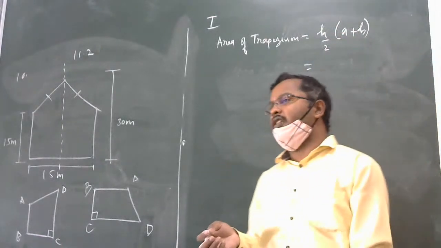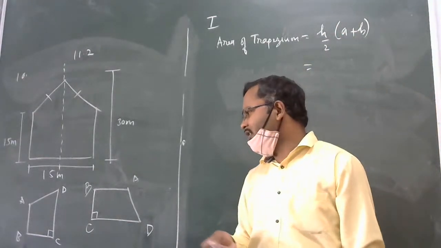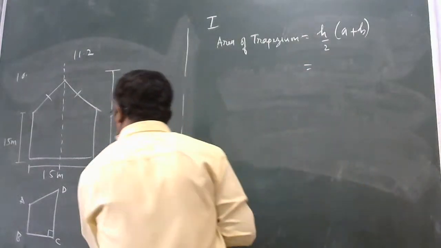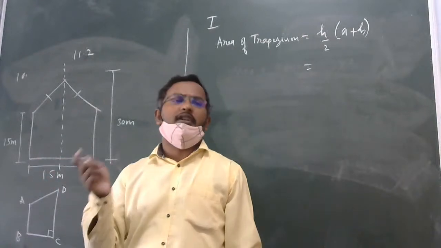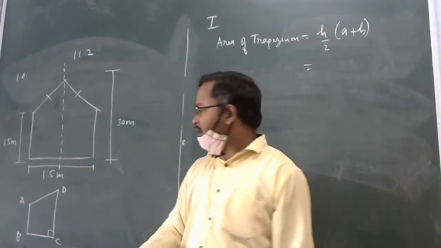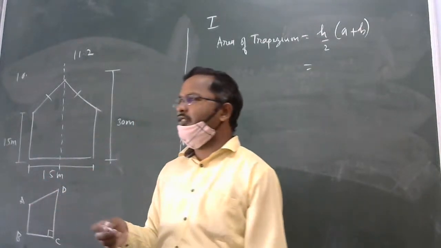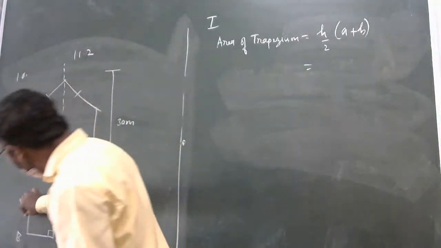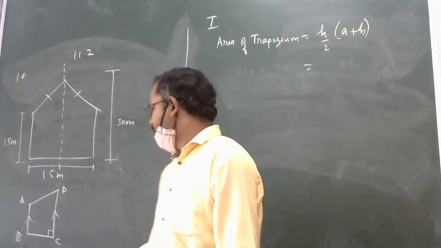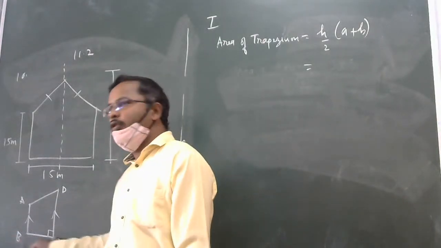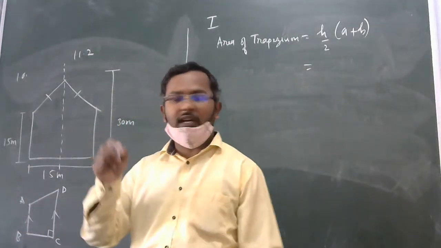Now, what is your idea? First of all, you need to look at the figure and identify what the parallel sides are here. In this figure, what are the parallel sides? This is one parallel side, and this is your other parallel side. Obviously, this is your perpendicular distance between these two, so that is your height.